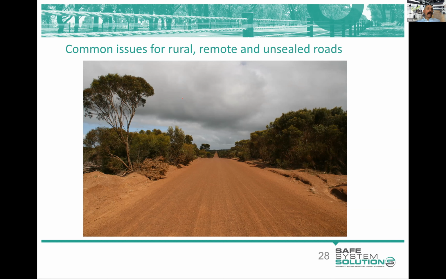Yeah, always an interesting debate on unsealed roads. I'm slightly off topic here, but whether or not to put regulatory speed limits on unsealed roads, because, for example, take this road, it's going to be a default 100 km/h regulatory speed limit, and you know that is inappropriate to go 100 km/h on this road. And so you say, well, why don't we speed limit these 80? The thing is, though, that 80 is not appropriate during a lot of the time.